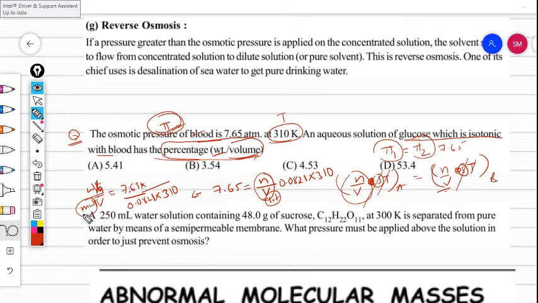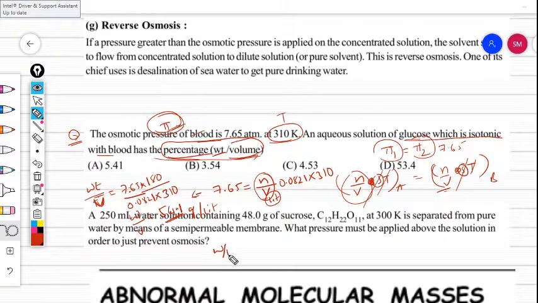What is the molecular weight of glucose? It is 180. So simply, weight by volume equals 7.65 into the molecular weight, which is 180. If you calculate, it's going to give 54.1 grams per liter. That is the W by V value, 54.1 gram per liter.